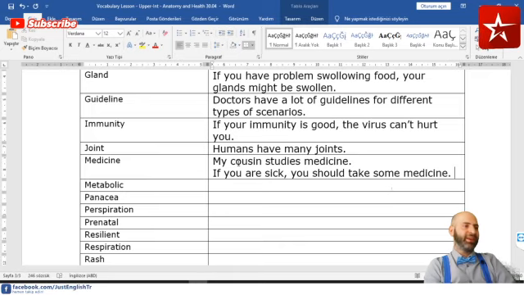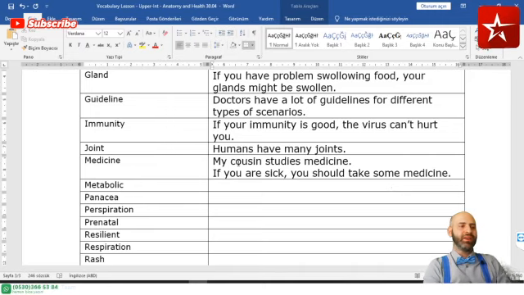Metabolic. Let's see what Simai thinks is metabolic, then I will explain because probably she knows better explanation than me. Metabolic is the body's ability to process food.